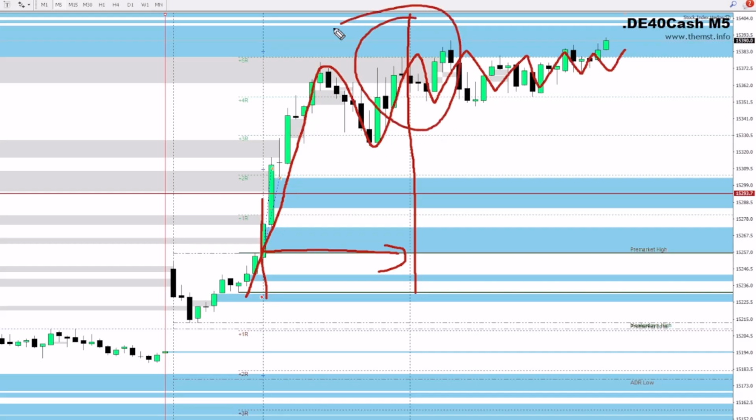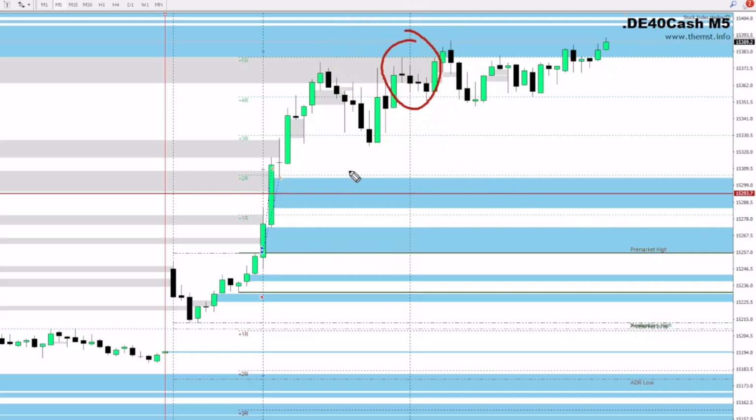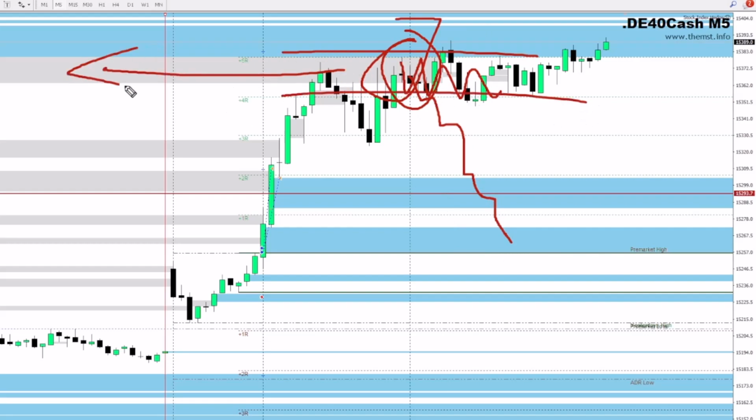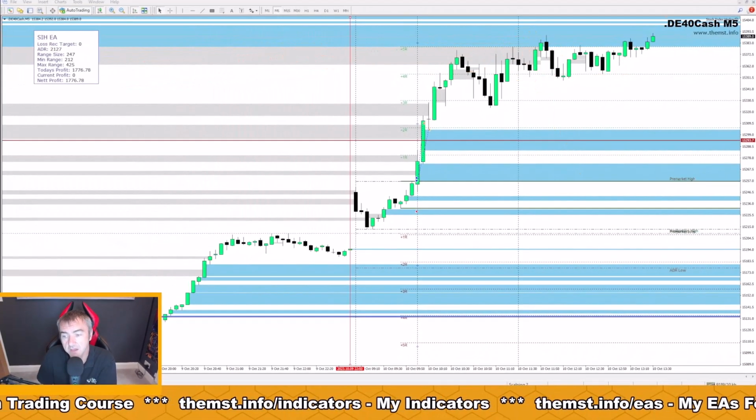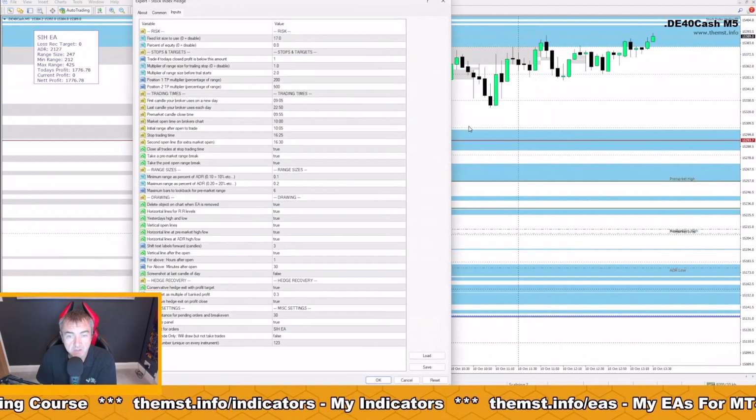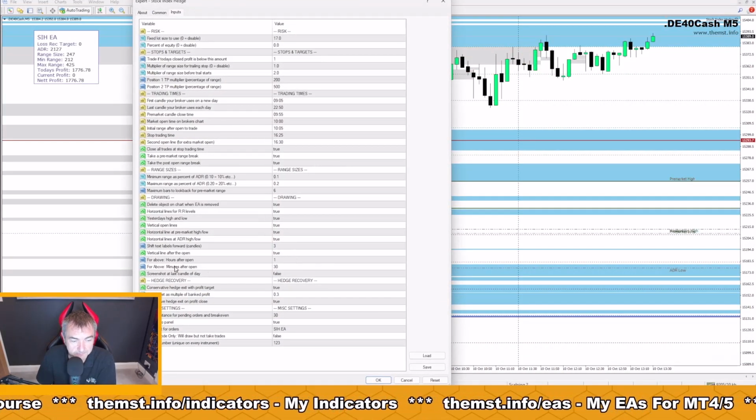So that is another time of day that you can use to potentially find exhaustion. After 1.5 hours, there's a good chance we might start a bit of a pullback, or we might start to wane and not go much further. If that coincides with a decent level on your chart, like a daily, a pre-market, or an ADR level, that might be a good spot to start taking that position off. That's all that one does.